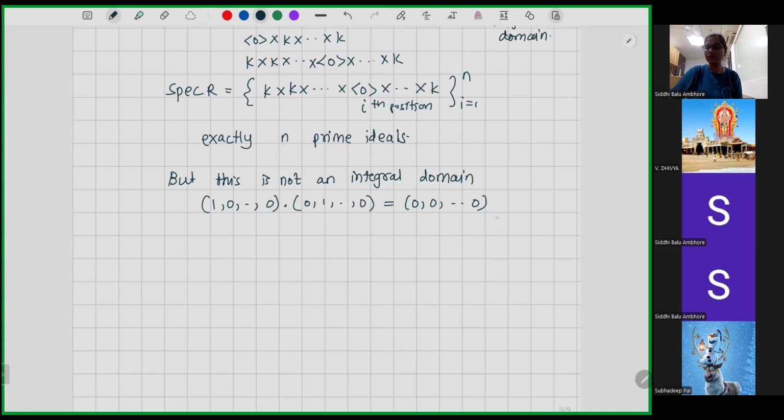You can definitely generate many more. You can consider it as an open exercise: this is of course an example of a non-integral domain, but try to find rings where we can have exactly n many prime ideals. Don't care about whether it is an integral domain or not, and think about it, okay? So I hope this is fine for others also. Divya, is it okay?